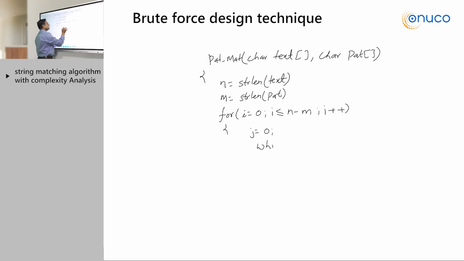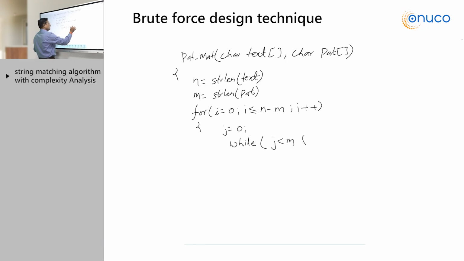And what did we do, friend? We have done comparisons. What is that? J is less than m and text of I plus j is equal to pattern of j. Always please concentrate here.